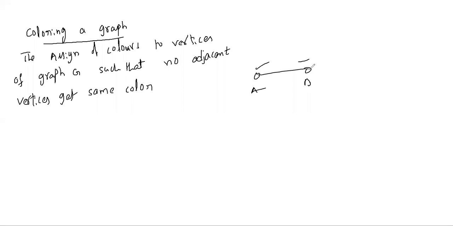You color the graph in such a way that no adjacent vertices get the same color. For example, A and B are joined by one edge, so A and B are adjacent vertices and must get different colors. For example, A has a red color and B has a yellow color. Both of them do not get the same color. That is the condition for coloring a graph.